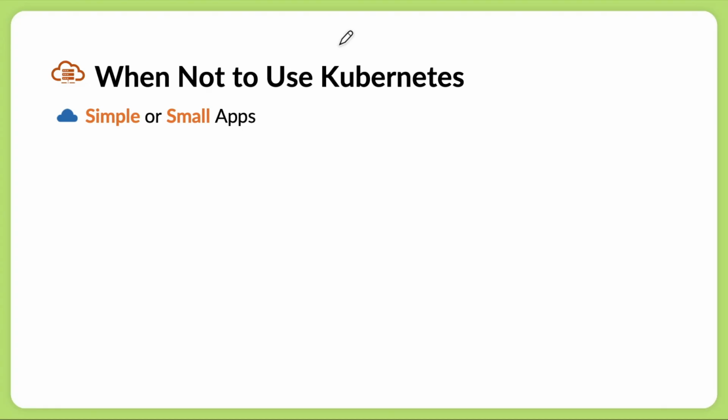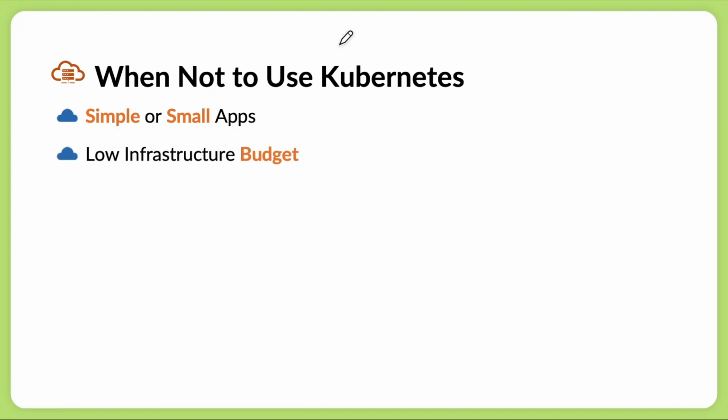If you are running a static website or maybe a small backend that really doesn't need real-time scaling, then Kubernetes might be overkill. For example, our mini finance application, that is a static application, right? To run this application we really don't need Kubernetes, so that is not a good use case.